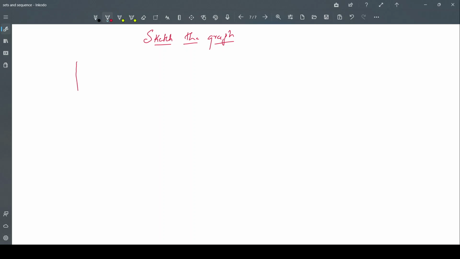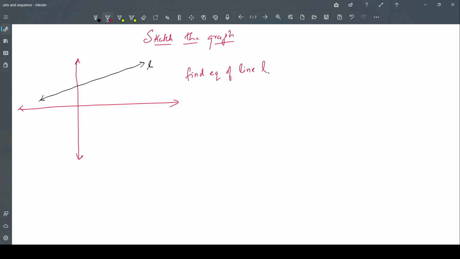Line graph, let's say we have a line. Okay, let's say I am taking one line over here. This is my line L. So if in the question they are asking you to find the equation of line L, and they have given you certain coordinates, let me take a proper line for you so that it will be easy for you to understand first, then we can discuss the difficult question.